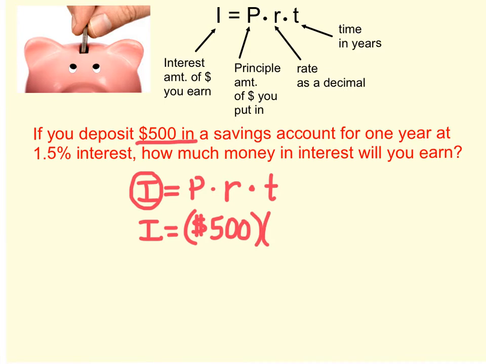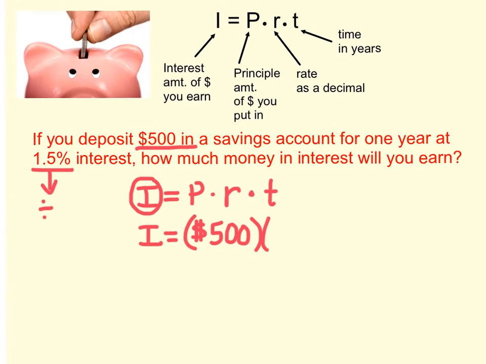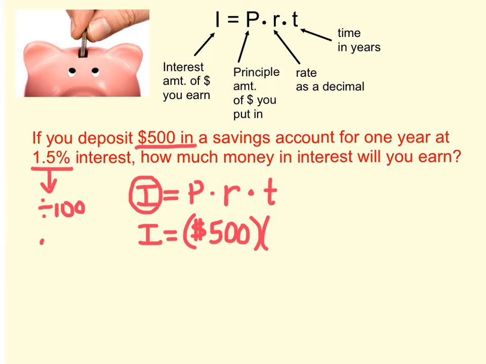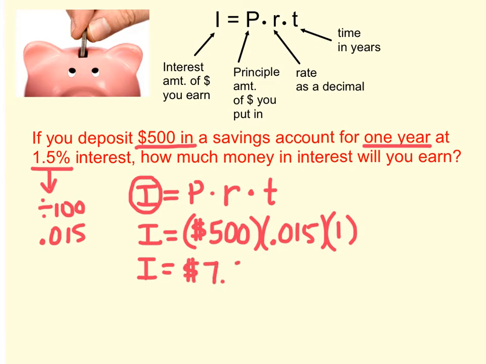We need to multiply that by the rate, written as a decimal. So remember, to do that, we divide by 100. That gives us 0.015. That's what we're going to use for our rate. And how much time are we keeping our money in the savings account? 1 year. All right, so let's go ahead and calculate it. We're going to multiply these numbers together, and we get $7.50. So yeah, over an entire year, you only get $7.50 back. Hey, but it's better than nothing.